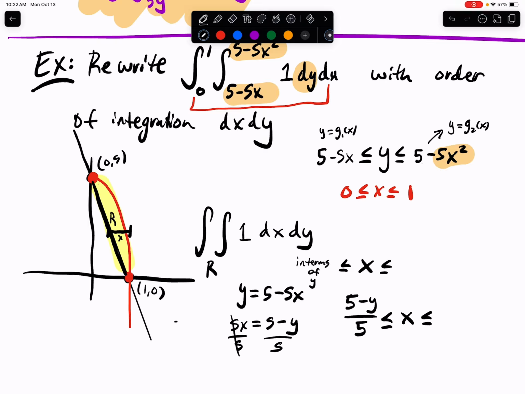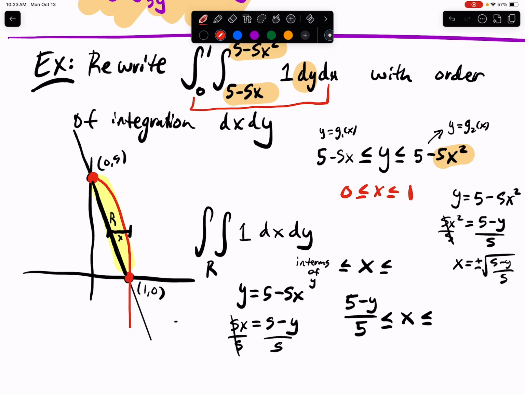To, okay, the other side, what do we have? Y equals 5 minus 5x squared. Okay, to solve for this, I'm going to move 5x squared over here. I'm going to subtract y over here, divide by 5, divide by 5. So I get a square root, plus or minus, of 5 minus y over 5.